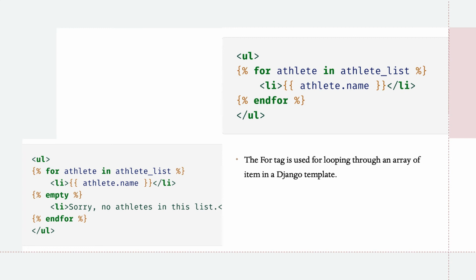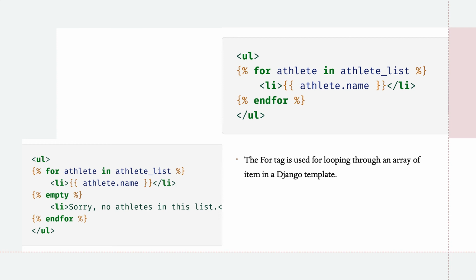And what you see next is the athlete.name variable now captures the changing values from the list. So this just shows how you mix tags and variables to perform a particular task.